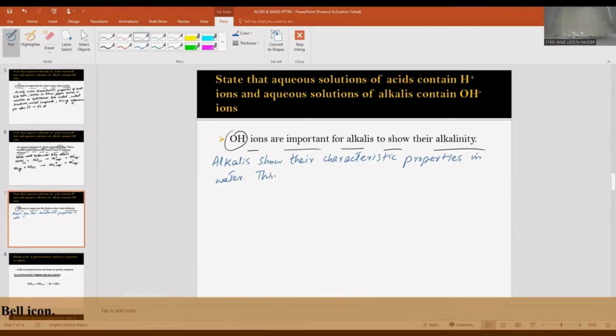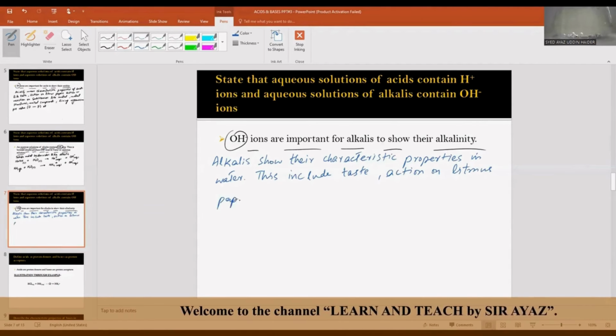This includes their taste, like we know that they have bitter taste. Action on litmus paper. You know that alkalis turn litmus paper to blue. Their chemical action.